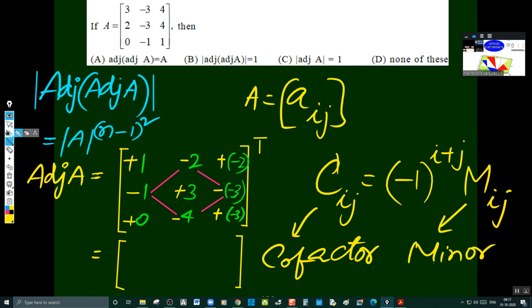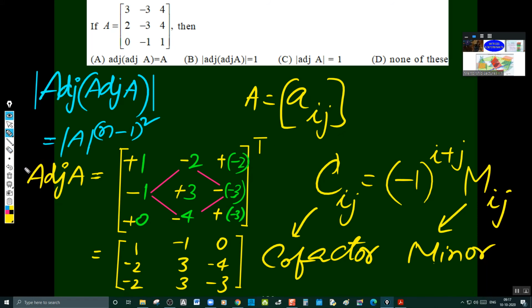So let me write the transpose: 1, -2, -2. And -1, 3, 3. 0, -4, -3. Okay.